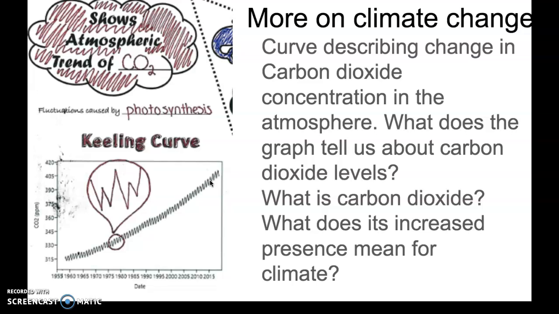Again, the curve describes the change in the carbon dioxide concentration in the atmosphere. What does this graph tell us about carbon dioxide levels? If you were ever asked, hint, hint, on a test, maybe what this means, it tells us that the carbon dioxide is increasing at an alarming rate.